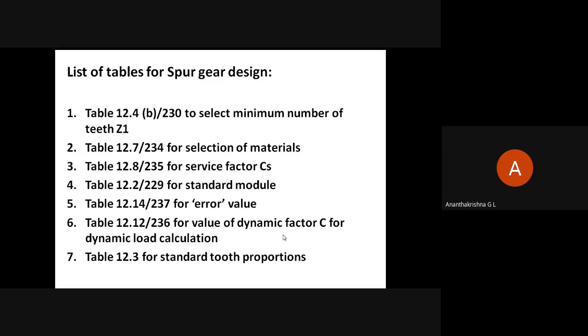You have various combinations over there. If not given, we take it as medium shock with 8 to 10 hours per day operation. That's how 1.5 is the value of the service factor. Is it okay? Shall we move on?